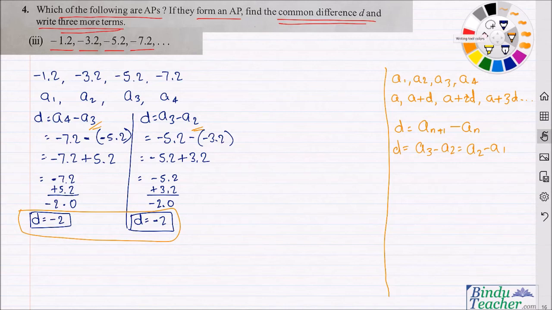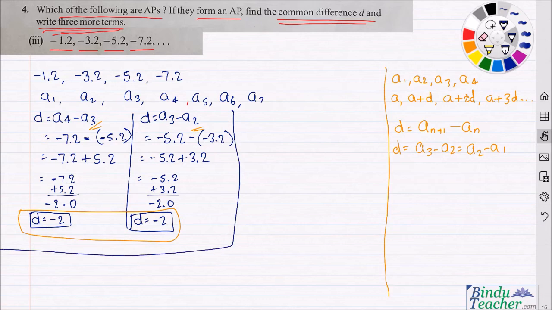Now we have to look at the second part of the question, which is find out 3 more terms. Right? So we already have 4 terms: A1, A2, A3, and A4. Now we should also calculate A of 5, A of 6 and A of 7. So let me draw a line here.